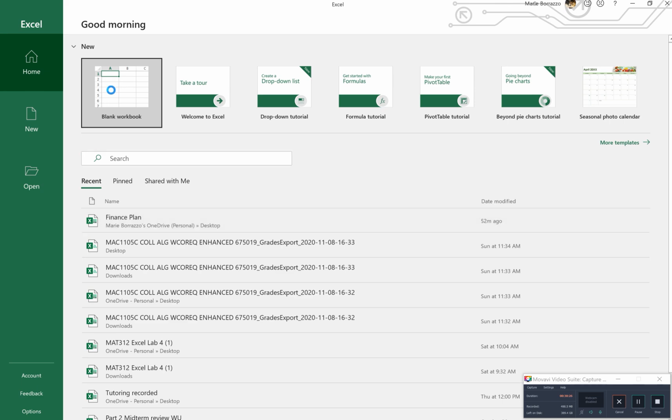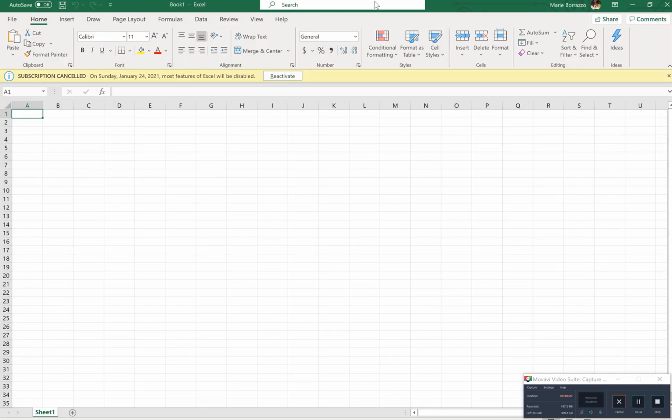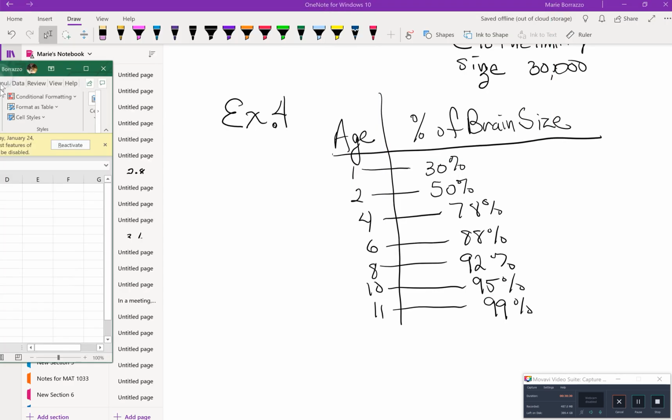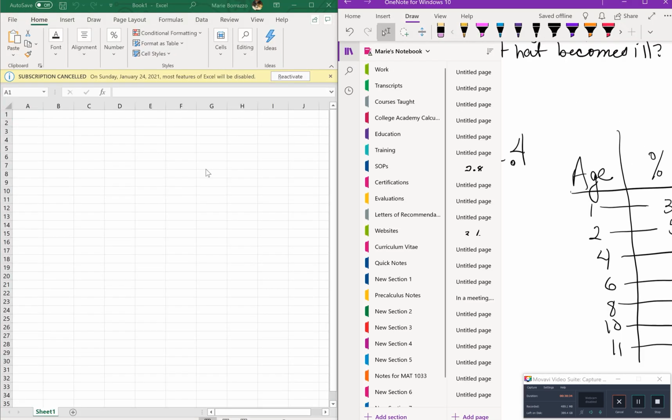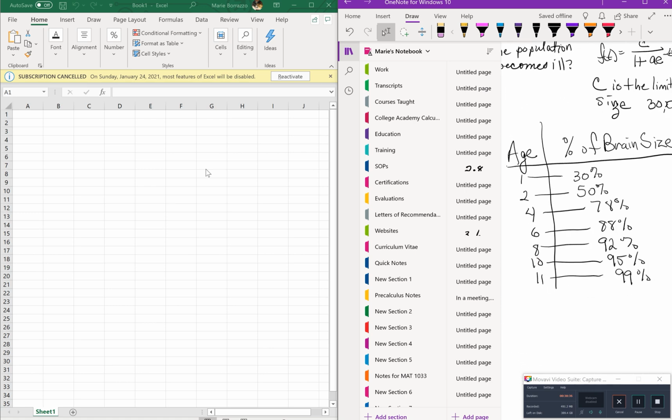All right, so I'll go to Excel. And I'm going to try to replicate what they have here. Let's see. So again, I'm going to put age here just to help you follow along. And this is going to be the percentage of brain size.